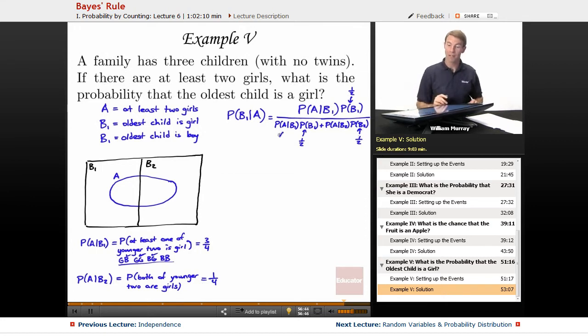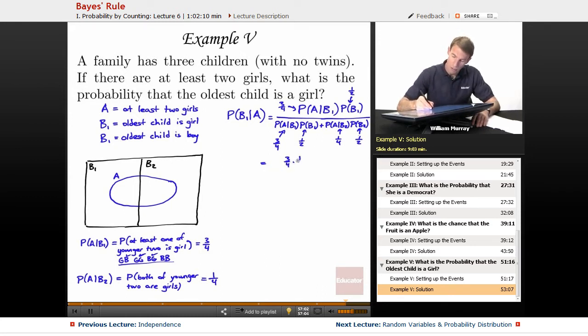So now I can fill in these numbers here. Probability of A given B1 was 3/4. This probability is 1 out of 4, and that was also 3/4, just like below. So I can just write this in terms of numbers now. 3/4 times 1/2 over 3/4 times 1/2 plus 1/4 times 1/2.